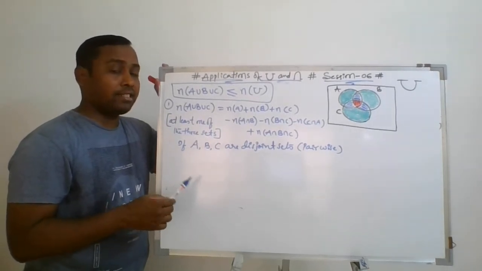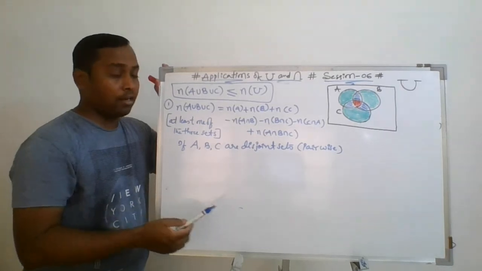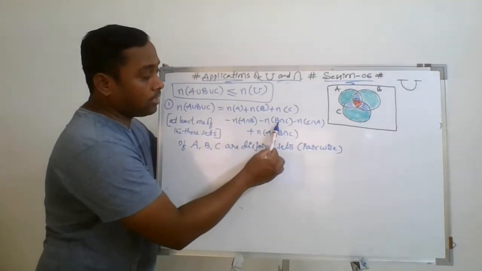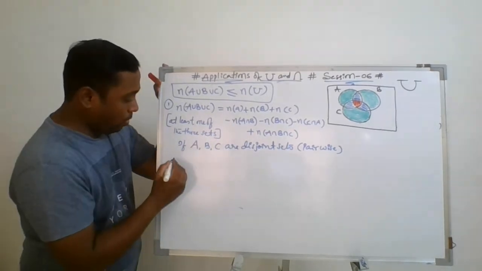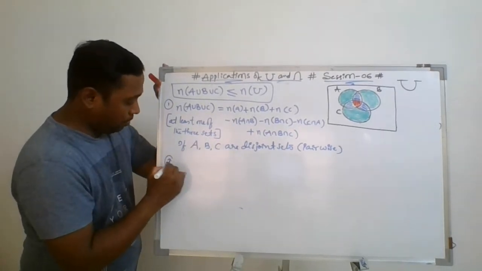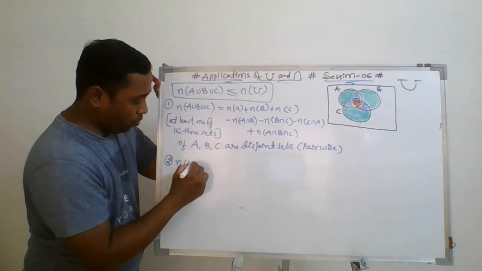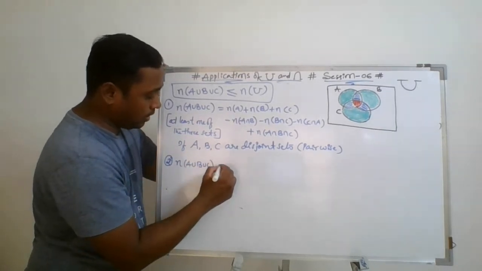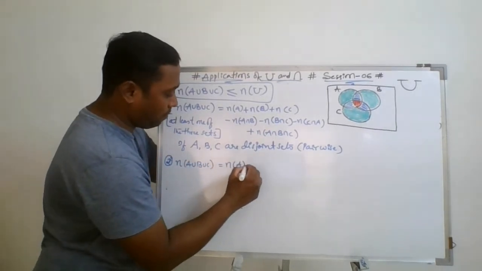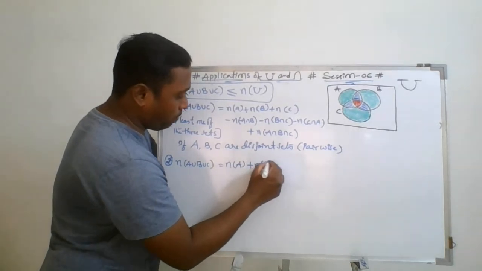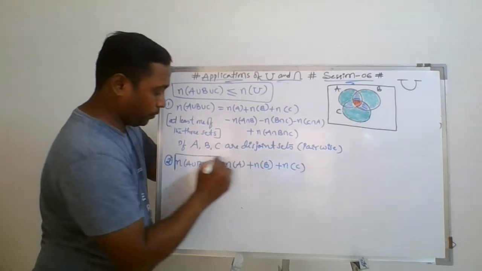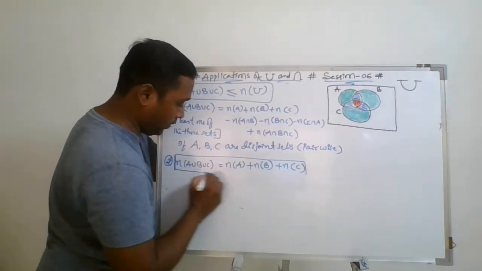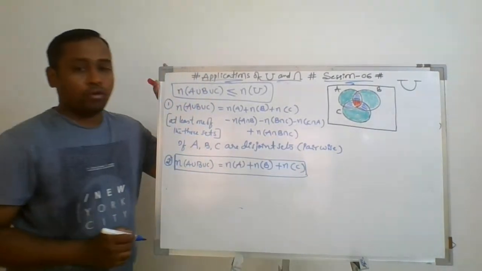Hence, their intersection portions will be blank, or we can say these intersection parts will be zero. Hence, the above formula for A union B union C is reduced to number of A plus number of B plus number of C. This is what we call the A union B formula.